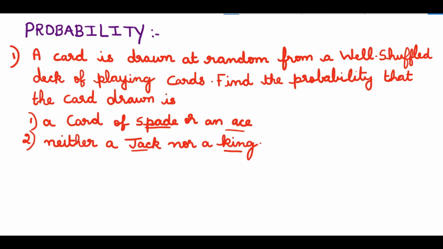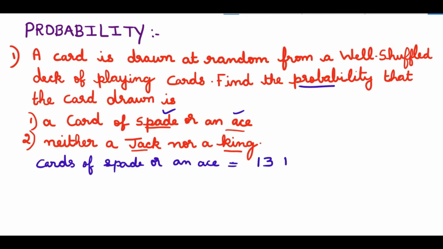Now coming back to the problem, we have 52 cards and we want to find the probability of a card being a spade or an ace. So how many such cards are there? There are 13 spades, and there are 4 aces in total, one from heart, one from diamond, one from spade, one from club.